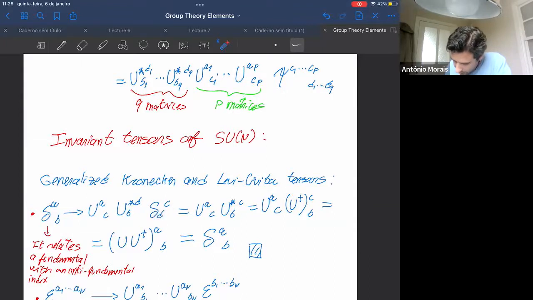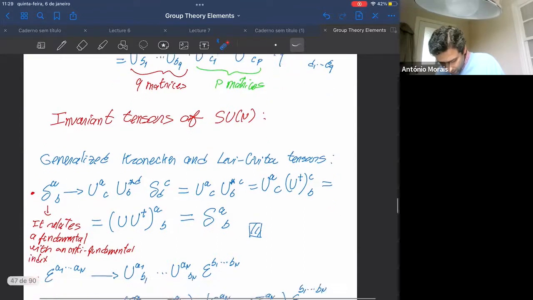So here you have CD, and now you can act this delta on one of the U's. Let's pick this D, which will become C. Because these are unitary matrices, you have C contracting, and you have A and B outside. This is a unitary matrix, so this is delta AB. This proves why delta is an invariant tensor. Although it has two free indices, it is invariant under the SUN symmetry.